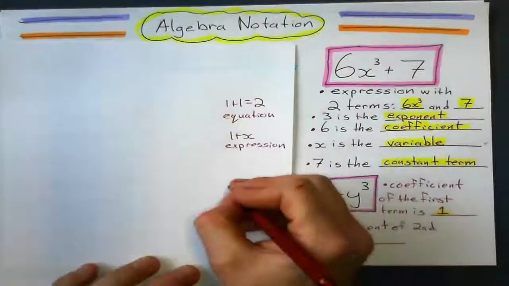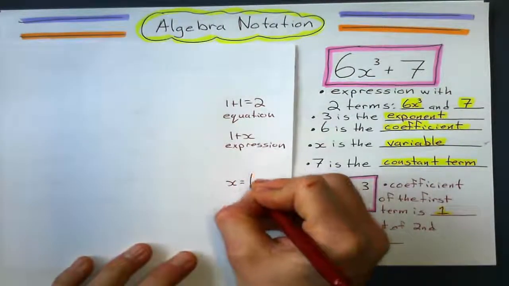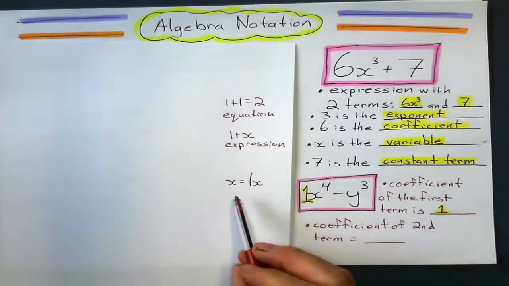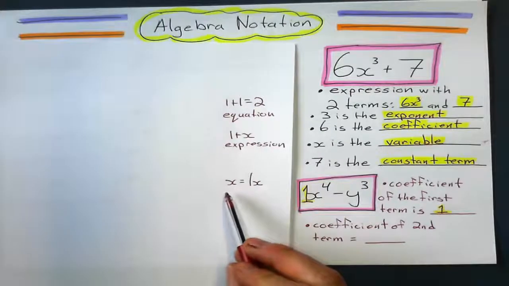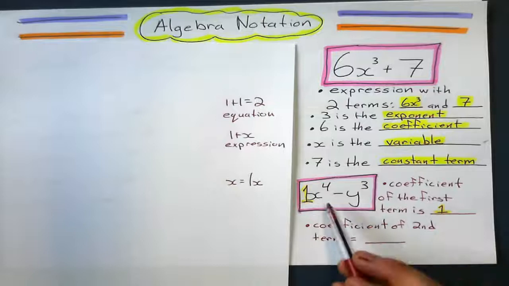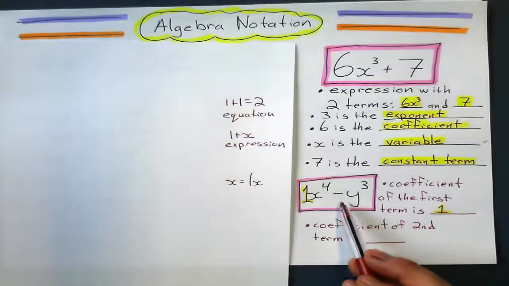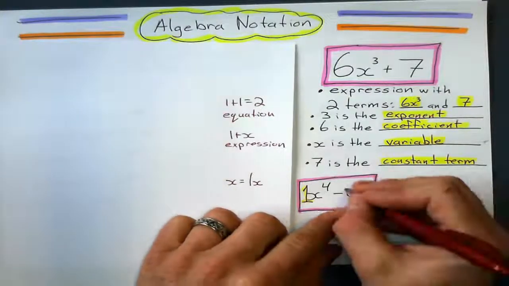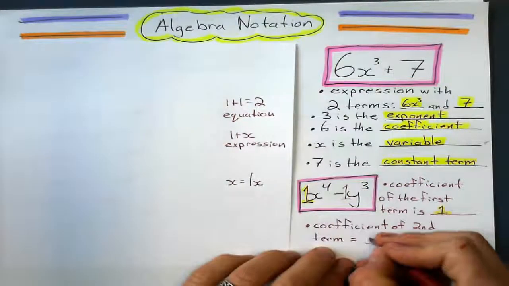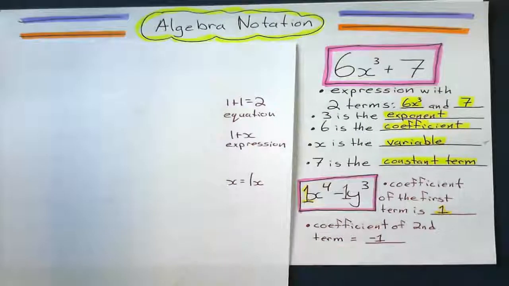And the reason why, because when I write x, it's the same as writing 1x. Because 1 times x is the same as x. It's like saying, how many x's are there? There's 1 of them. And the coefficient of the second term, there's no number in front of that, so we put a 1 there. So the coefficient of that second term is negative 1.